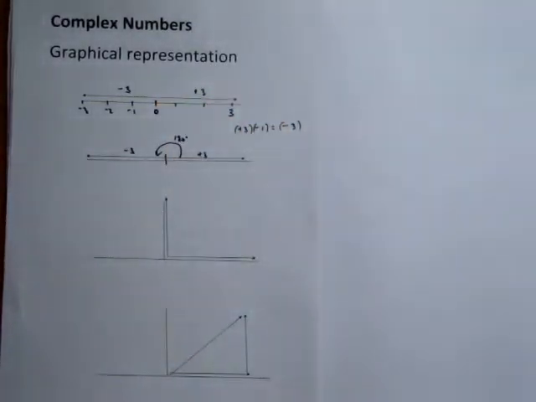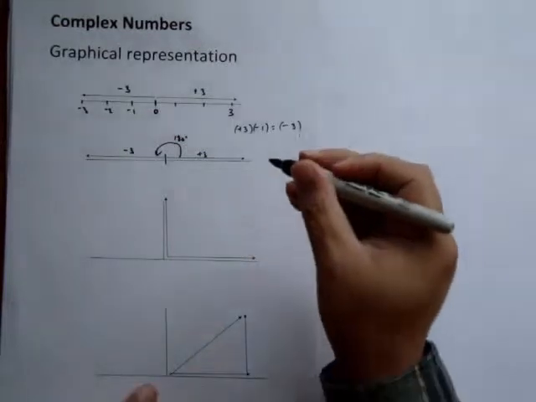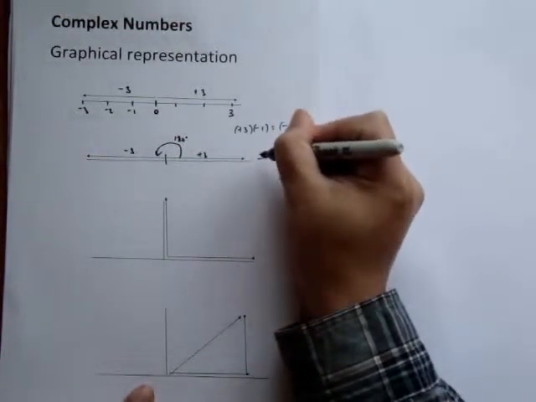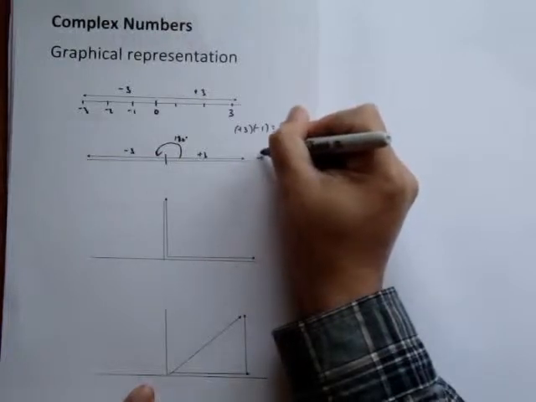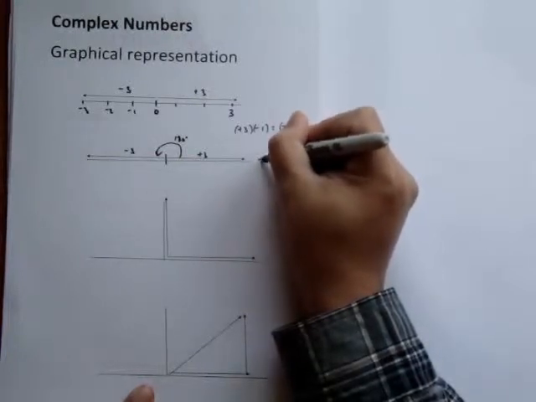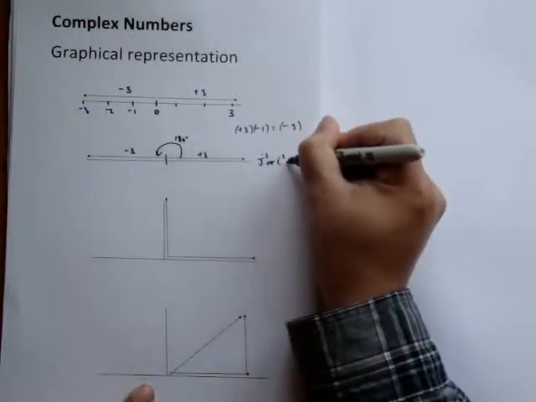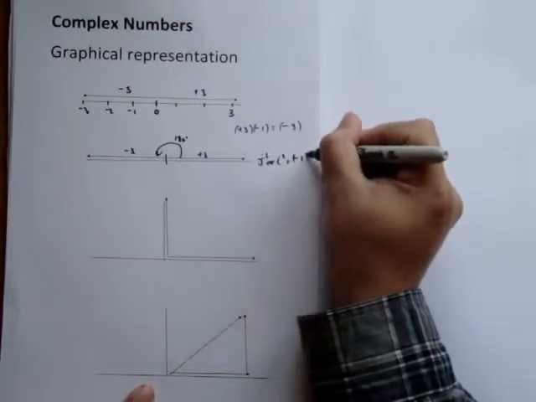So multiplying by minus 1 is equivalent to multiplying by j squared, or i squared. So our j squared or i squared equals minus 1.